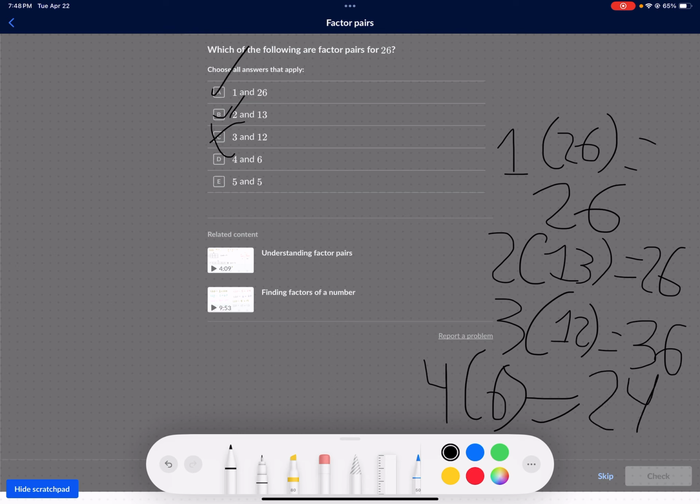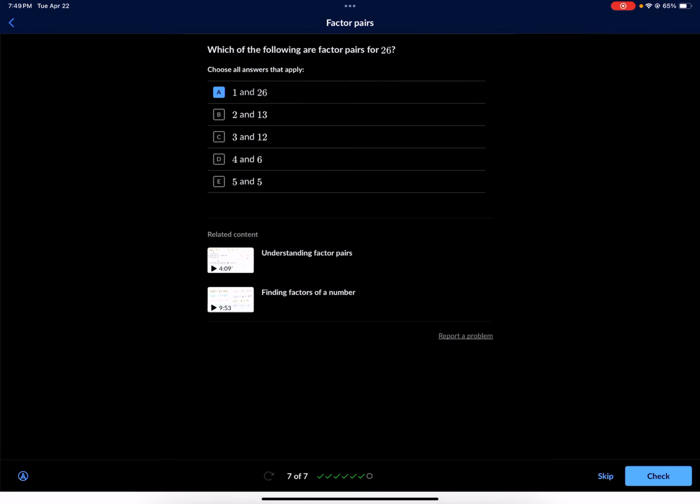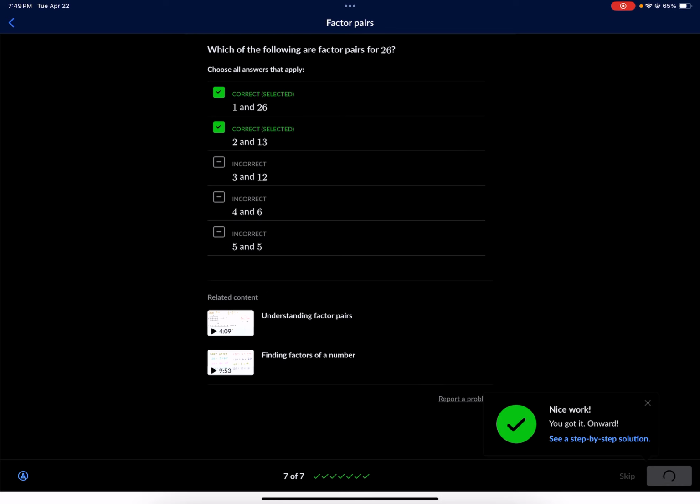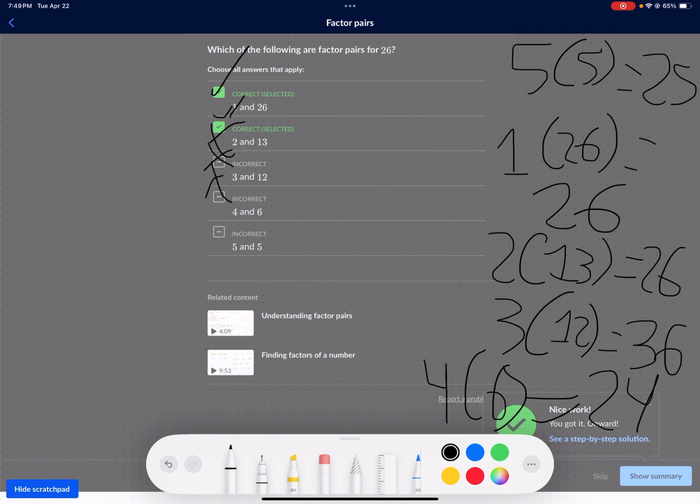It equals 24, but it's not 26. Choice E, 5 and 5. Will this be one of ours? Nope, this will equal 25. So our answers here are A and B. If you got that, great. If you didn't, check the videos. Otherwise, happy studying.